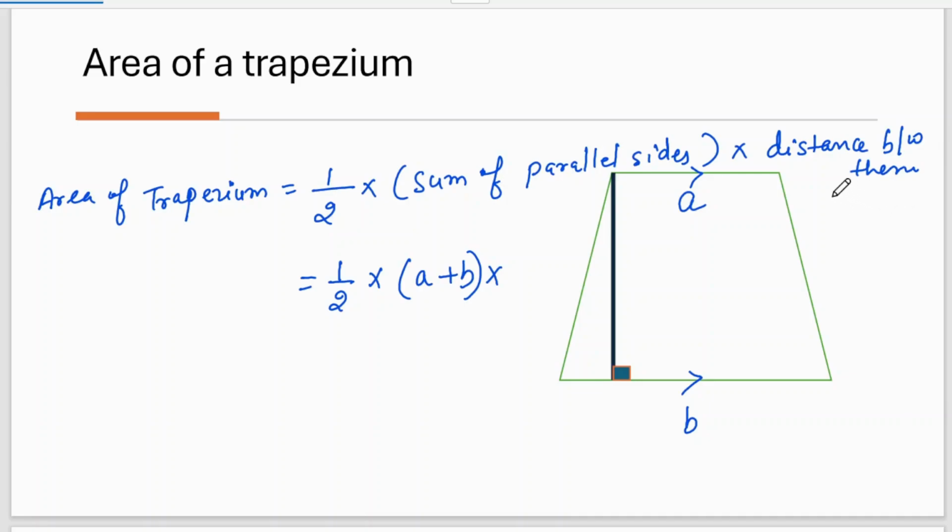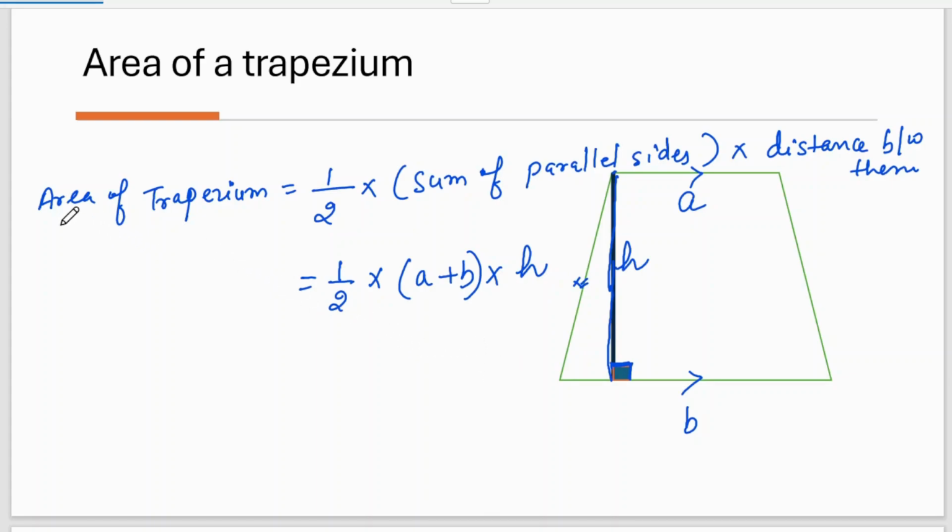Always remember the shortest distance between any two things is the perpendicular distance. So you can see this line represents the distance between the parallel sides, because it is 90 degrees. If it is h, I can write h here. Never take this slanted side as your distance. It is not the distance.